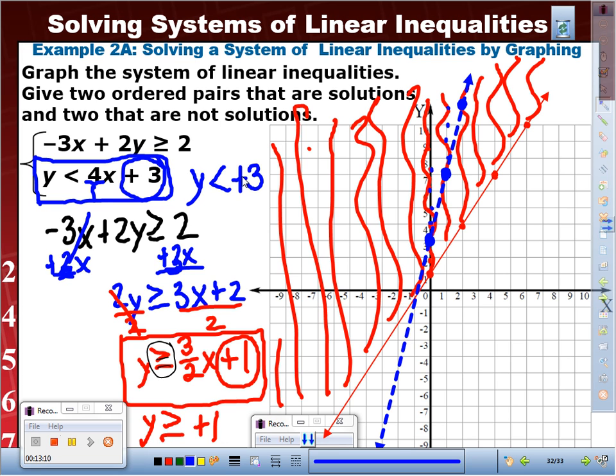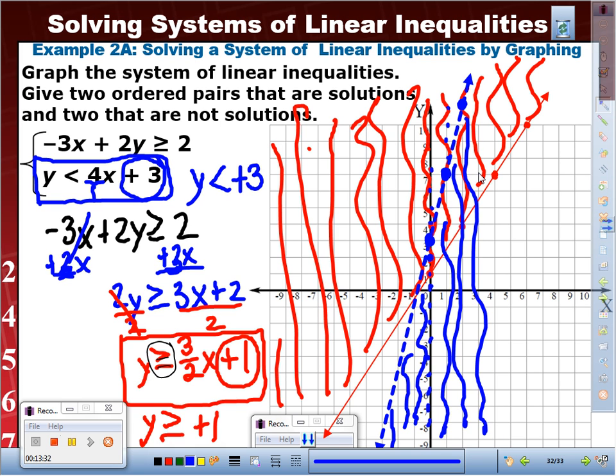Let's read it. Y is less than 3. What numbers are less than 3? 2, 1, 0, -1, all these, including their fractions and decimals. So that means we're going to shade everything under or to the right of that dashed line. Does everybody see that? Okay, do that, please.